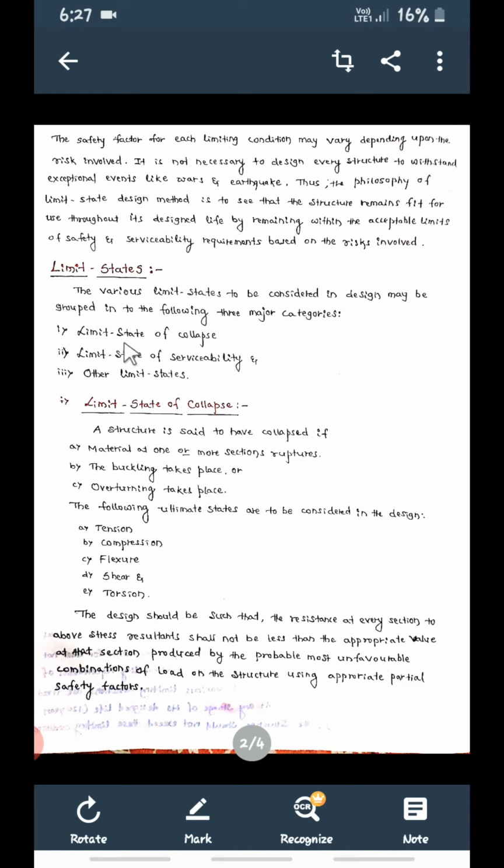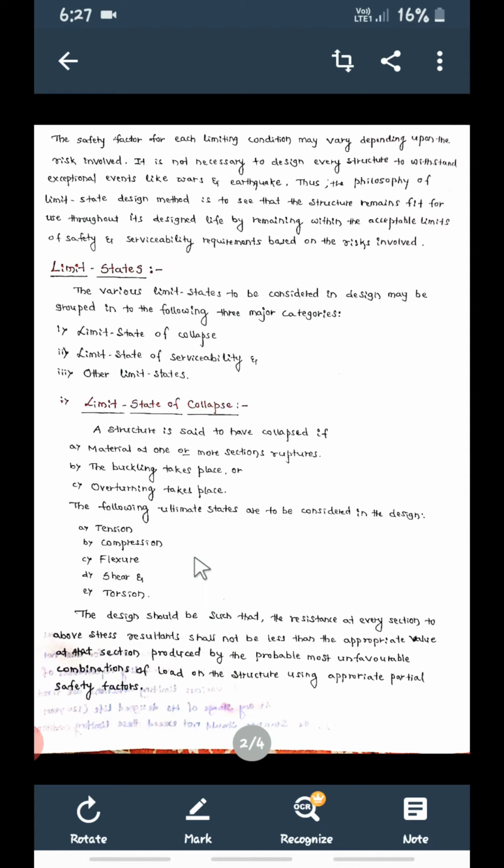There will be 3 limit states: limit state of collapse, limit state of serviceability, and other limit states.